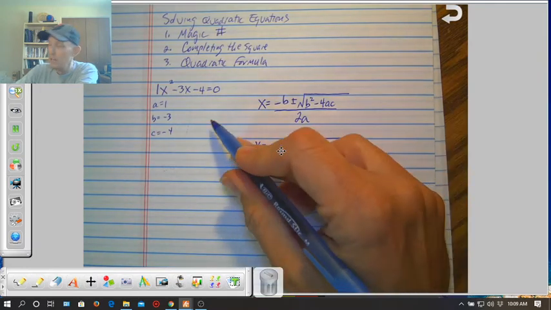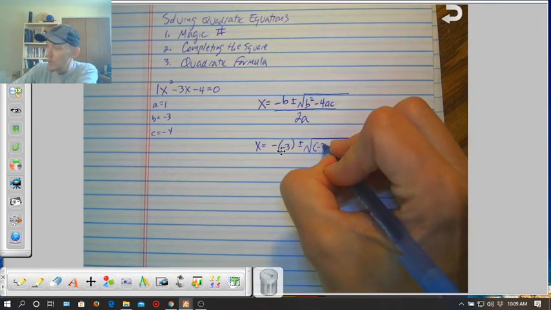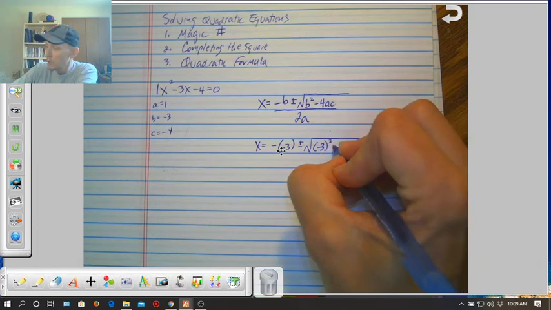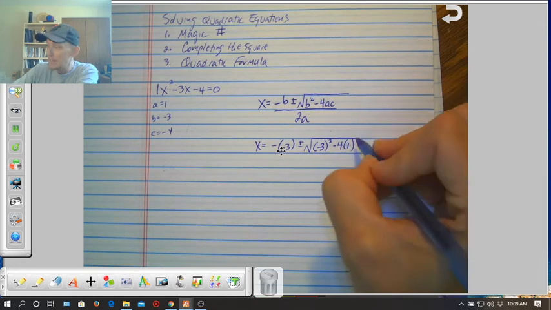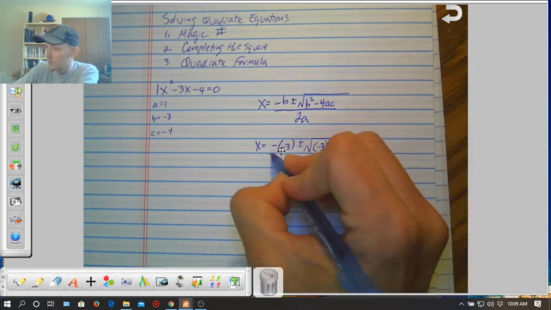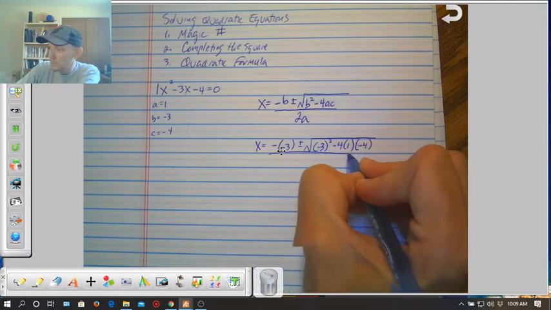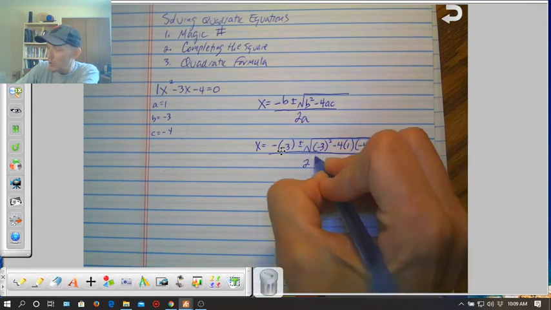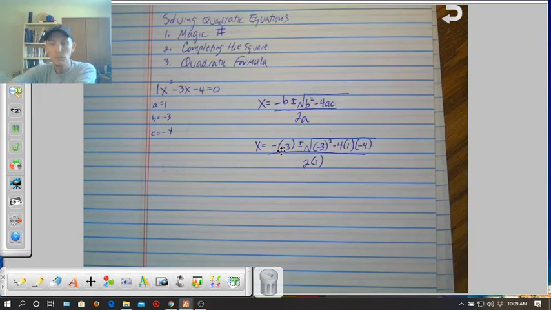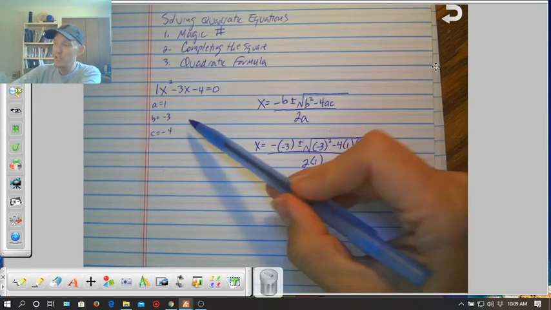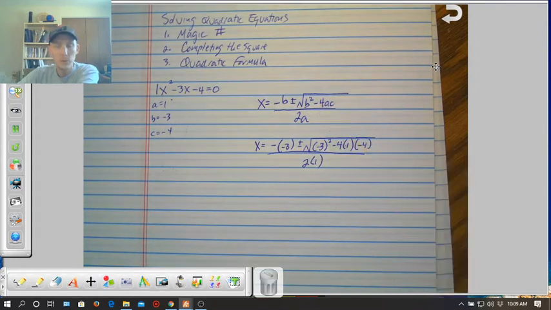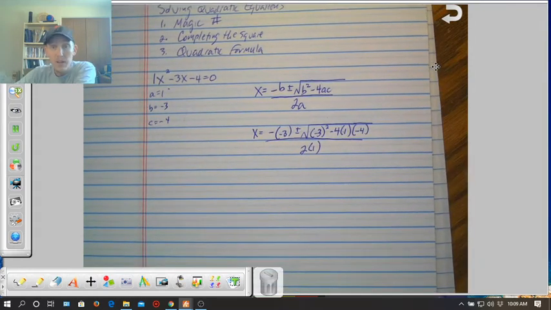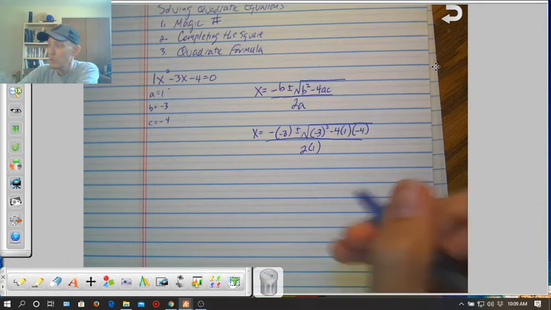Well, b was negative 3, so it's negative 3 squared, minus 4 times a, which was 1, and c, which was negative 4, all over 2a, so 2 times 1. So I took these three numbers and plugged them in for the variables. And now we're just going to simplify and solve what we have in this fraction.